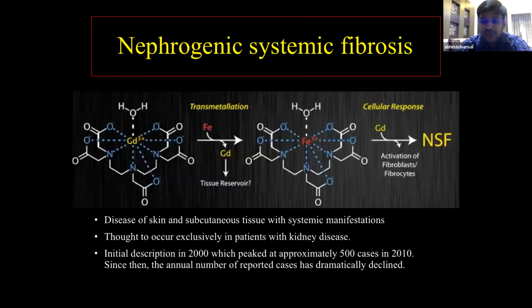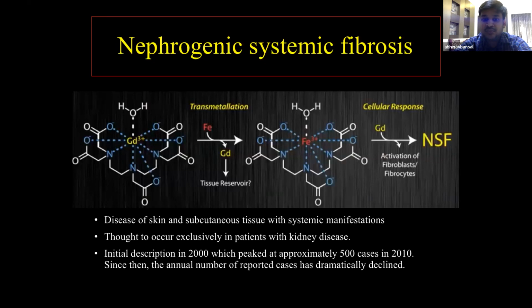Now, coming to the most talked about topic in reference to the gadolinium-based contrast agents, nephrogenic systemic fibrosis. So, nephrogenic systemic fibrosis was basically first described in the initial 2000s when it was thought to occur exclusively in patients with kidney disease. The mechanism has not been properly understood yet.